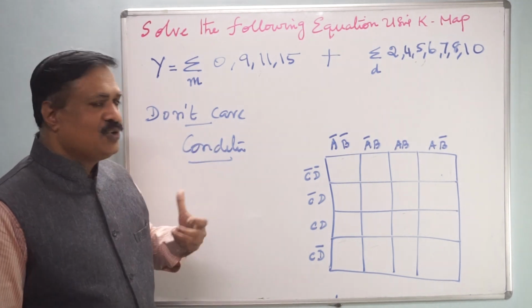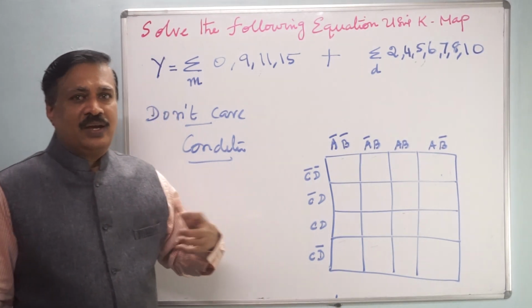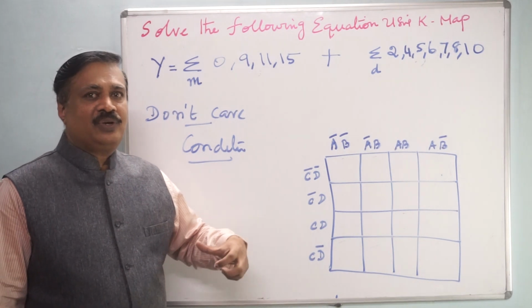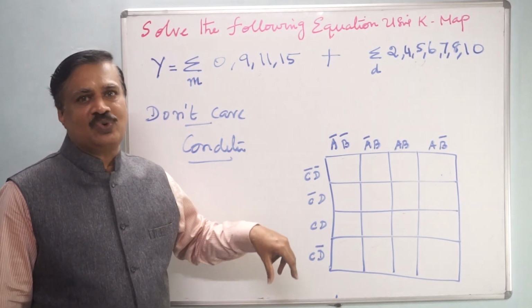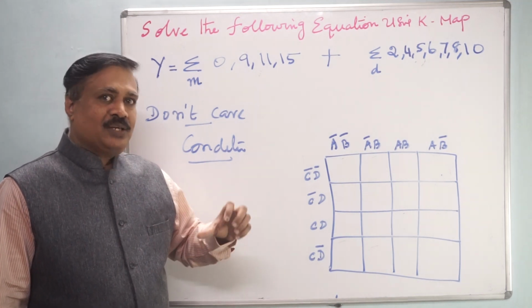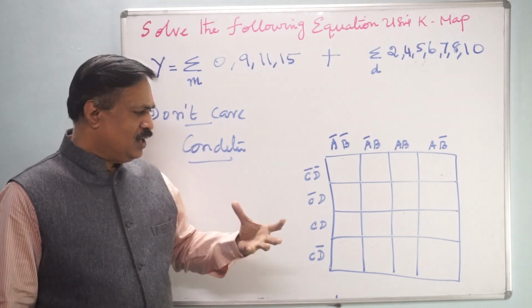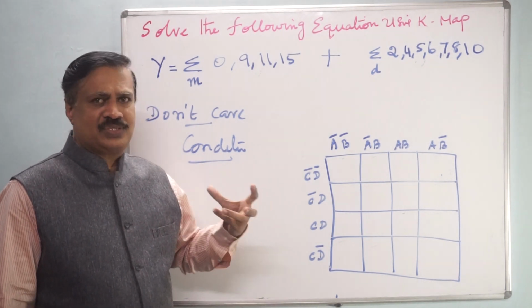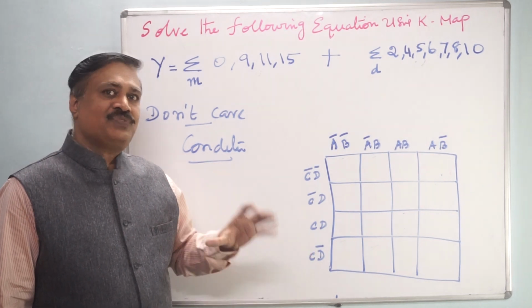I usually compare the don't care condition with an emergency exit. In normal day-to-day life we are not using the emergency exit; we use the normal door, the normal gates. But an emergency exit is provided in all colleges, institutes, industries, everywhere, and only in case of emergency do we use it.